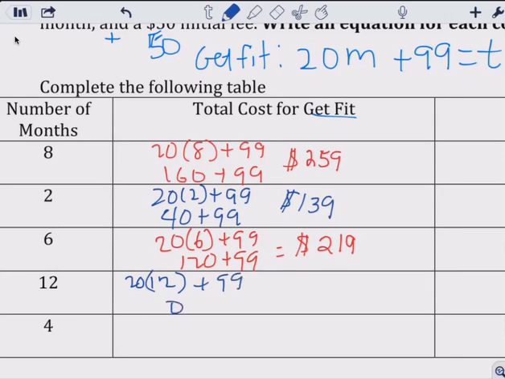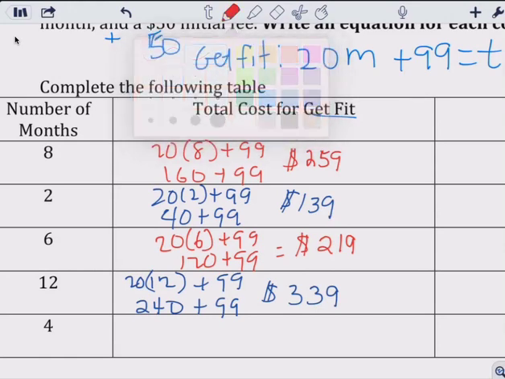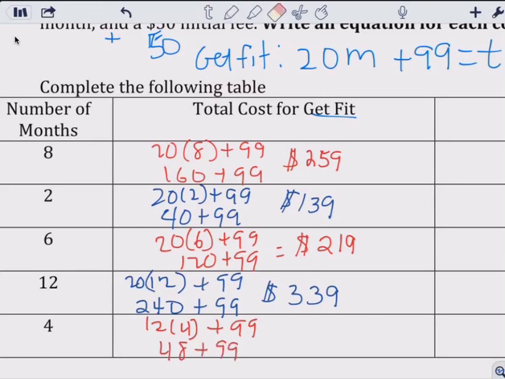That's 240 plus 99, which gets you $339 for 12 months. Not bad for a gym membership. Then 20 times 4 plus 99. Why did I change to 12? 80 plus 99 equals $179.